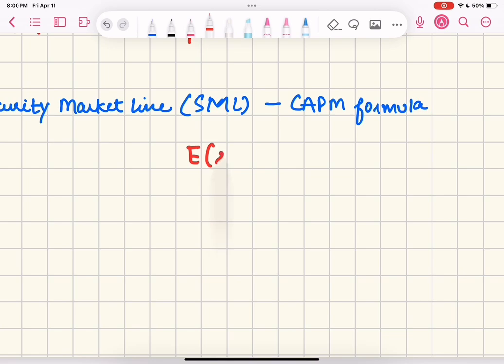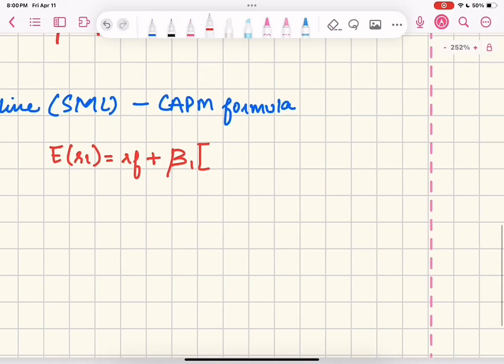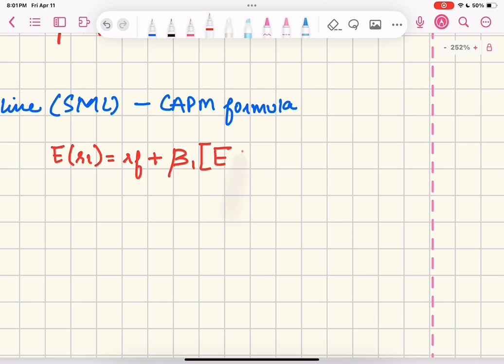This will be kind of familiar because we have talked about this before as well. So basically this tells you the expected return of a stock, but based on its beta.